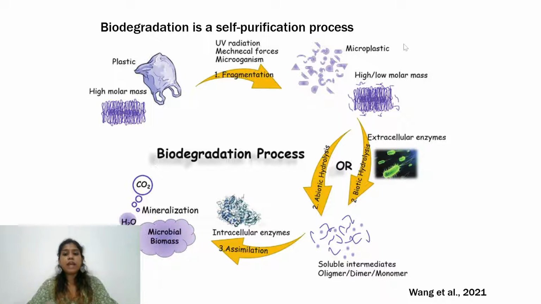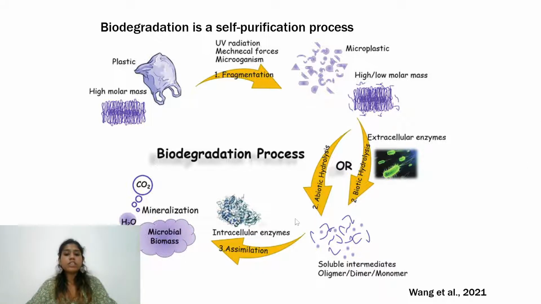This could be high and low molecular weight. The bigger fragments might still be higher molecular weight, but the microplastics might actually have lower molecular mass. And then more enzymatic action and more microbial action is needed after this process, because after they get fragmented, they need to be hydrolyzed.